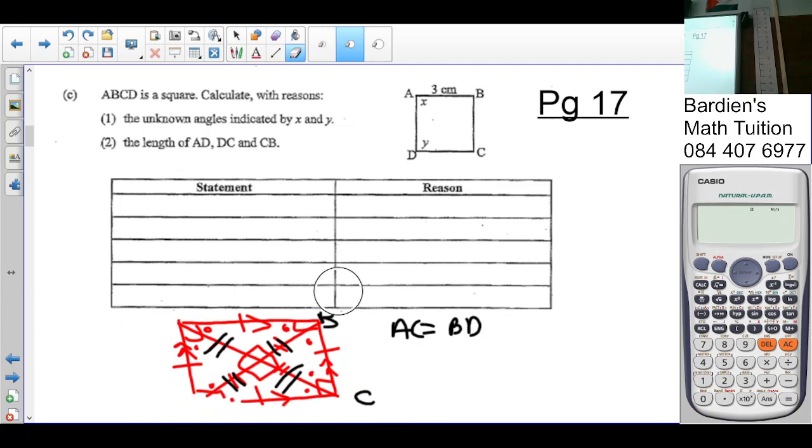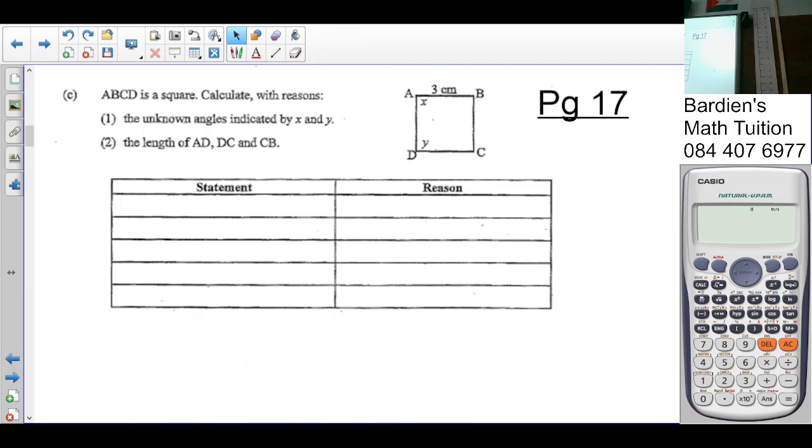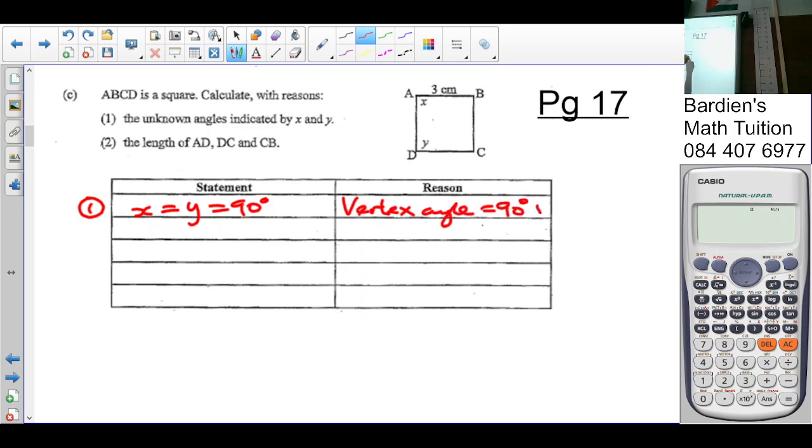So, with that in mind, let's answer these questions. Right, number 1. The unknown angles indicated by x and y. X is equal to y, which is equal to 90. Vertex angle equals 90 in a square.